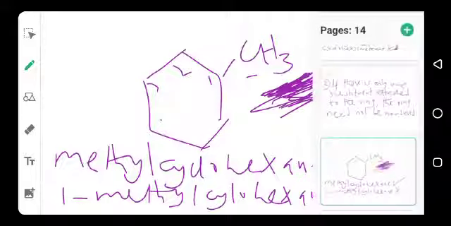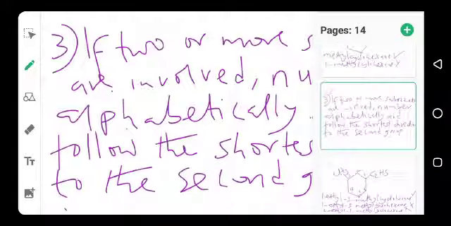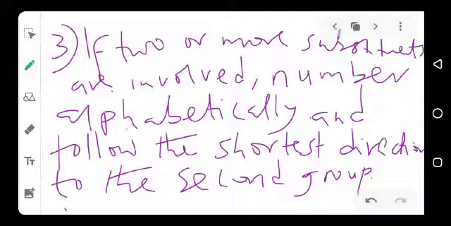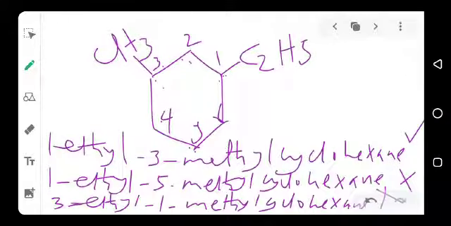Now, if it has two substituents, how do we name it? If two or more substituents are involved, number them alphabetically and follow the shortest direction to the second group. What do I mean by this? Look at this.